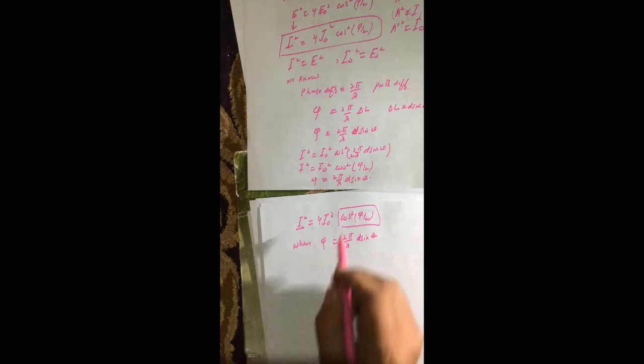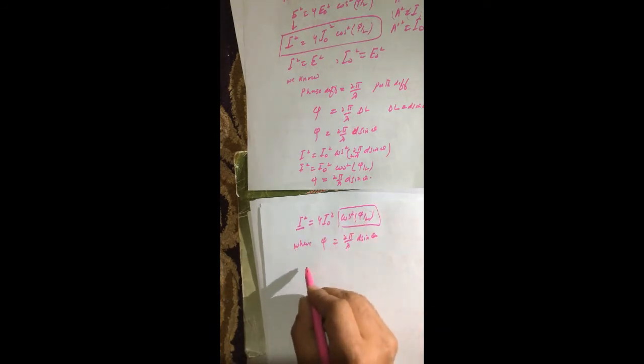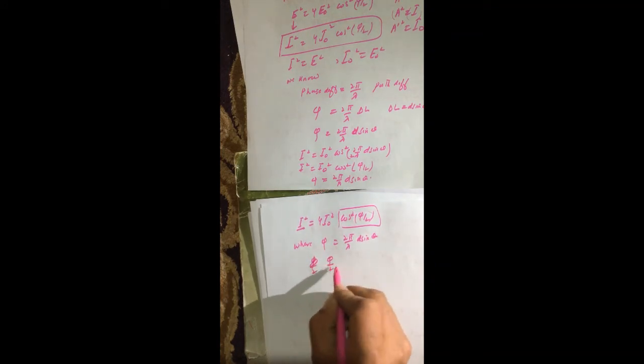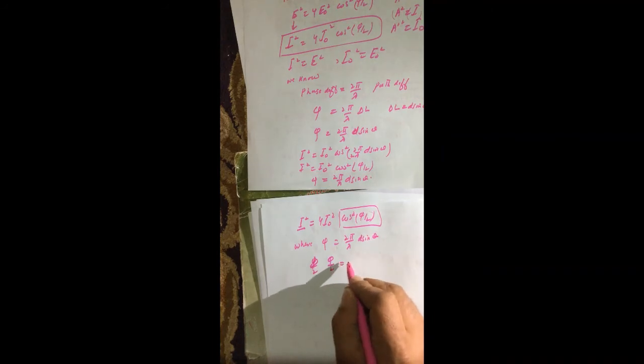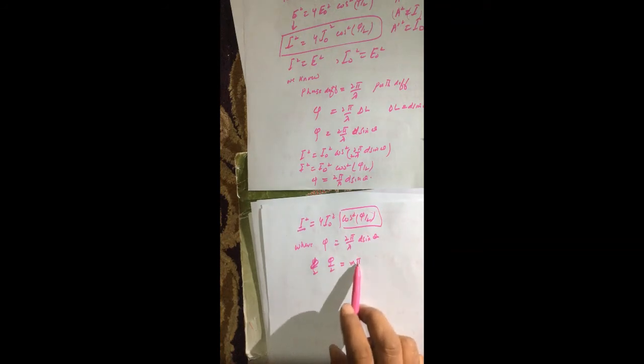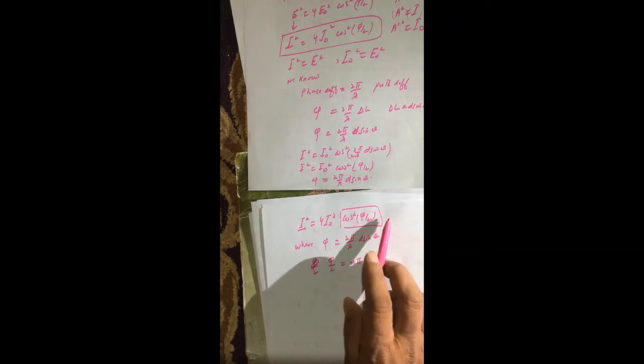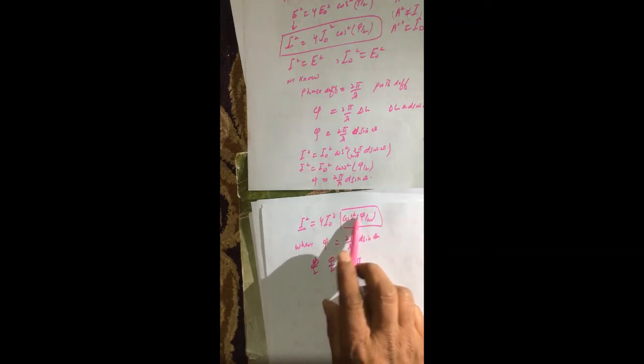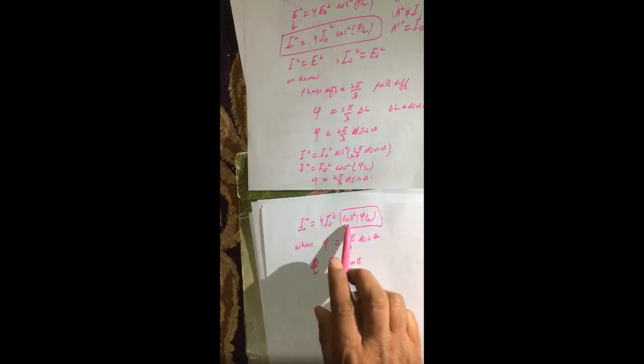And we know that cos square phi by 2 has maximum value only if phi divided by 2 will be equal to m pi. Like if I replace phi by 2 by pi, 2 pi, 3 pi, 4 pi, 6 pi, then this quantity has a maximum value.